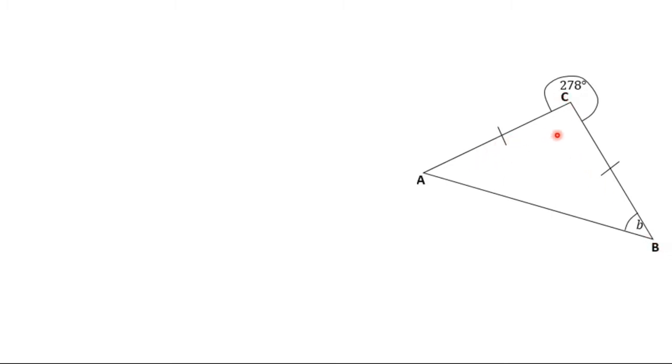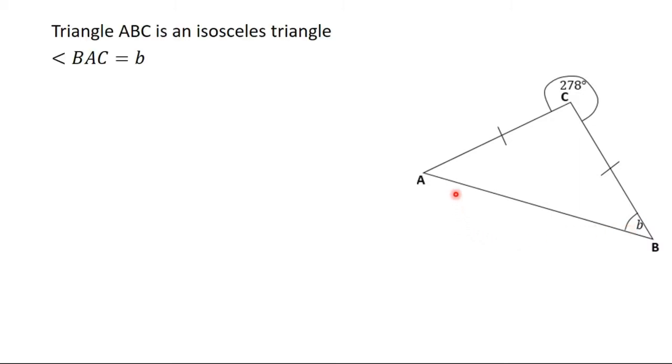So if this is an isosceles triangle, what we know is that the angles formed at the base of the sides that are equal are also equal. So if this angle here is B, from the properties of isosceles triangles, we know that this angle here will also be B. So if triangle ABC is an isosceles triangle, then angle BAC is also B.